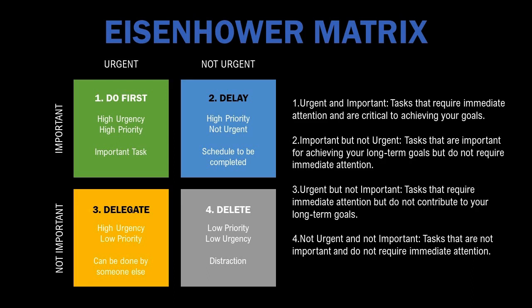Now, everything falls into those 4 boxes, and depending on where it ends up is what you're going to do. So for an item that is both urgent and important, that's something that you have to do personally. You don't want to give that to anyone else because it's so urgent and so important that you personally have to get that accomplished.